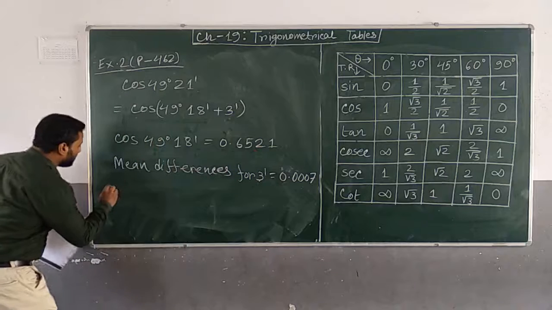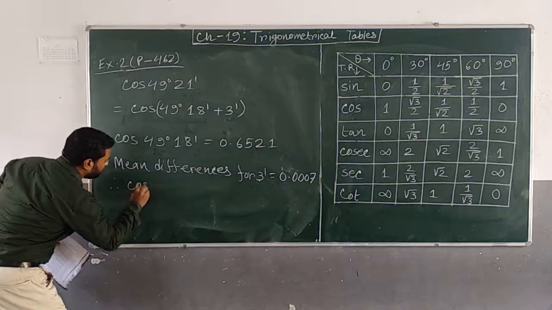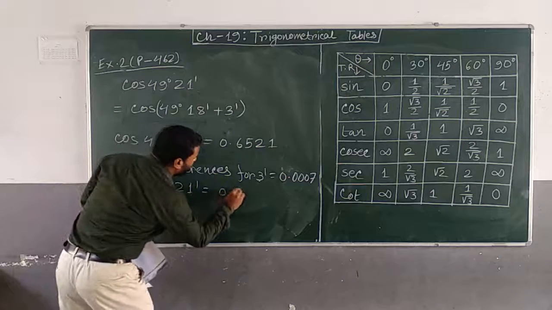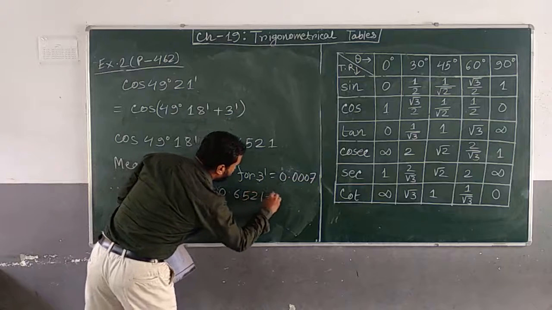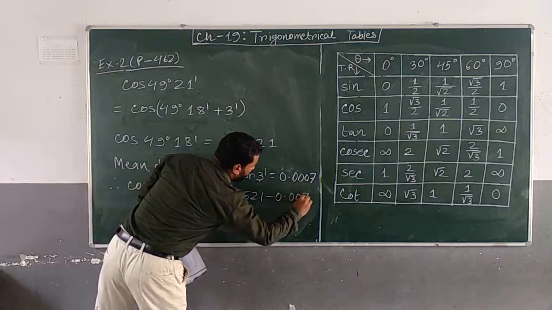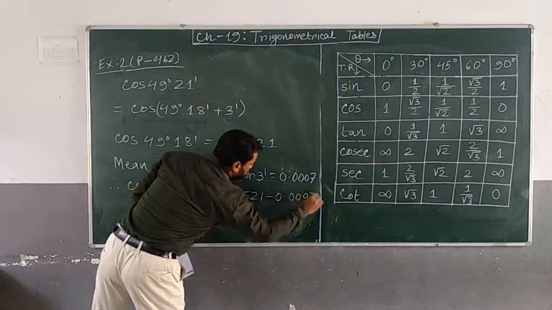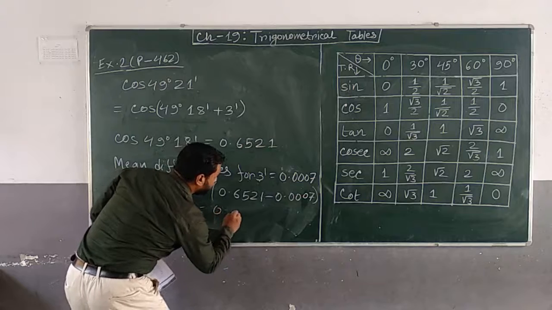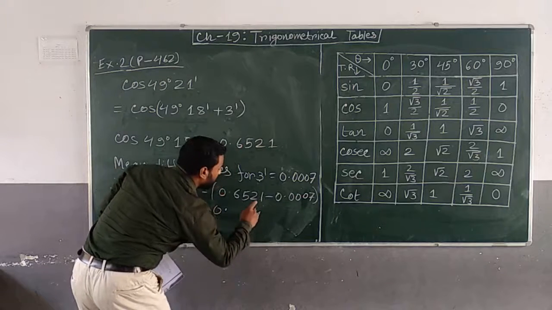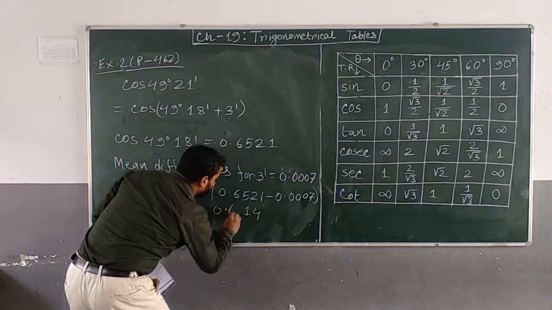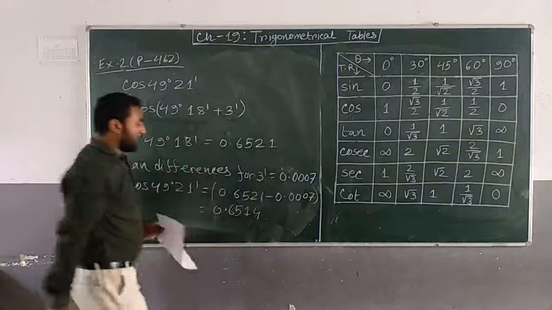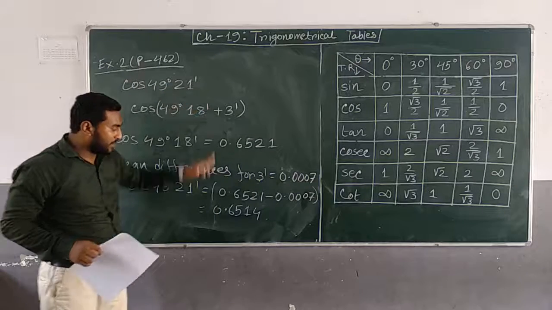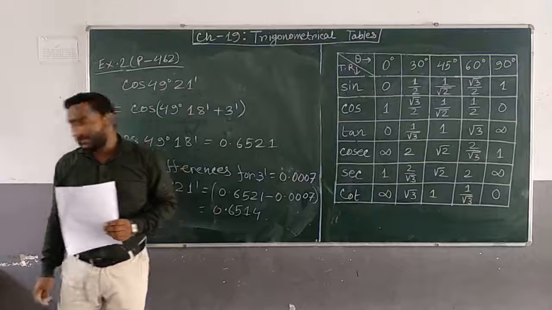Finally, cos 49 degree 21 minutes is equal to 0.6521 minus 0.0007, so that will be equal to 0.6514. So the value of cos 49 degree 21 minutes is 0.6514.